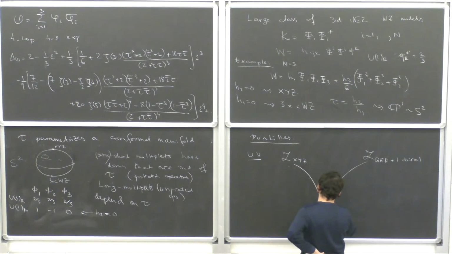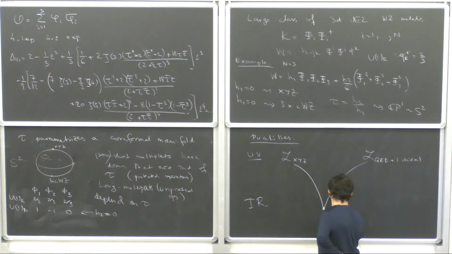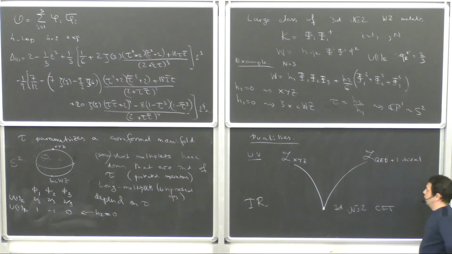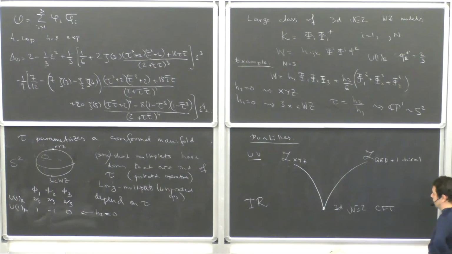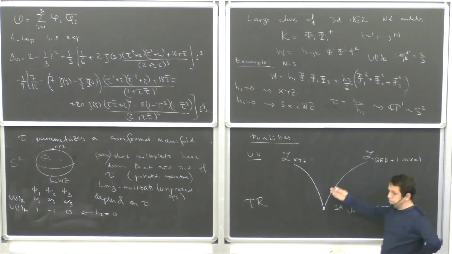So they flow in the IR to the same 3D N=2 CFT. If you're not impressed by this, you should really sit down and think about it. It's a hugely impressive fact of life, and it's true.